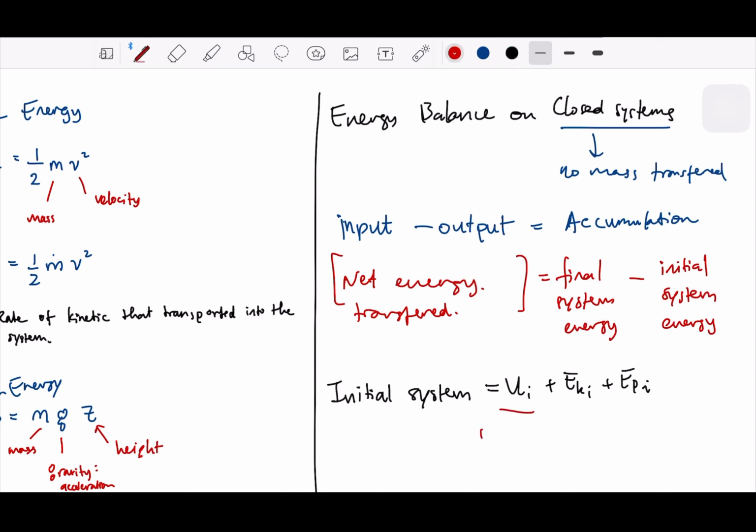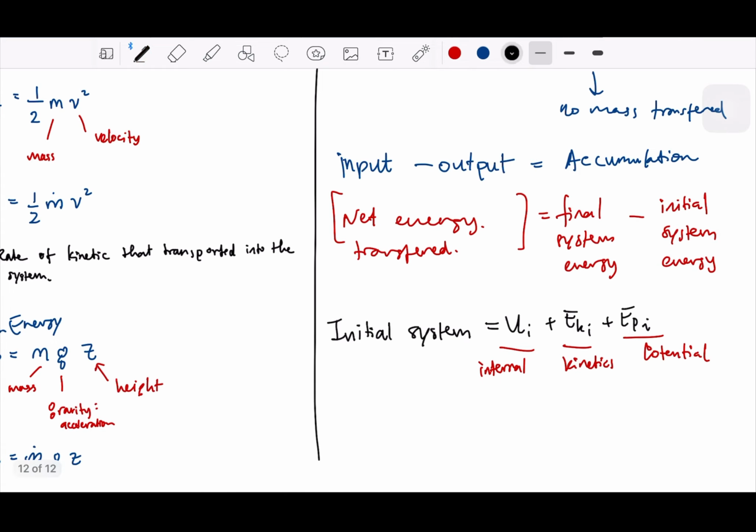So this is internal, kinetic and potential. And in the same way, we define the final system as U, F for final, plus kinetic F, plus potential F. Okay.